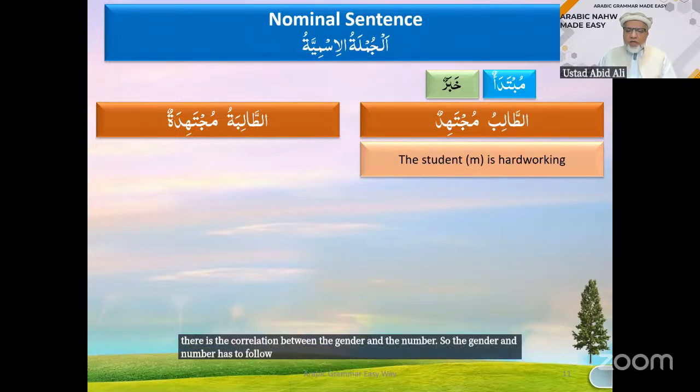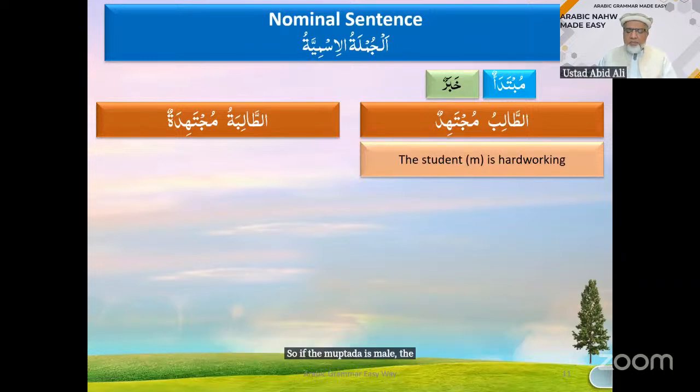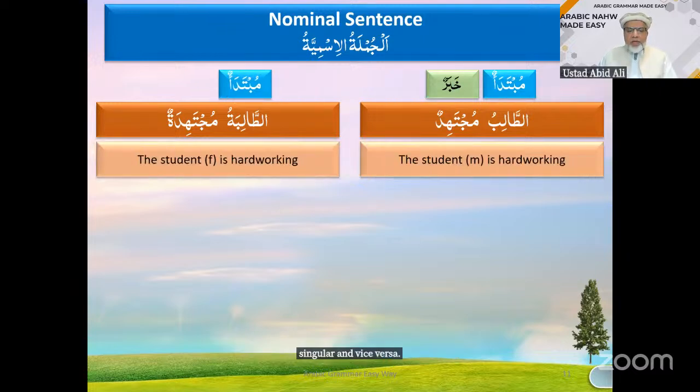If the mubtada is male, the khabar will be male. If the mubtada is female, then the khabar will be female. If the mubtada is singular, then the khabar will be singular and vice versa. So here at-talibatu is the mubtada and mujtahidatun is the khabar.